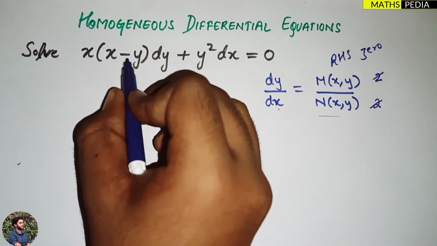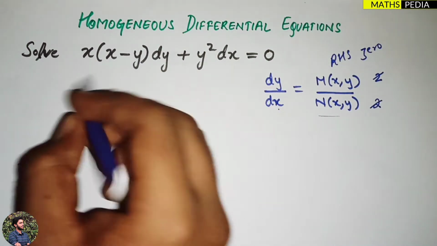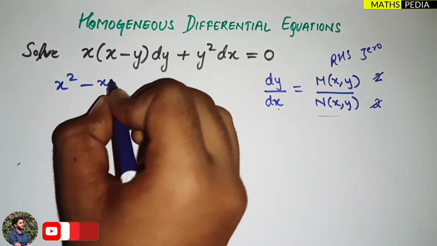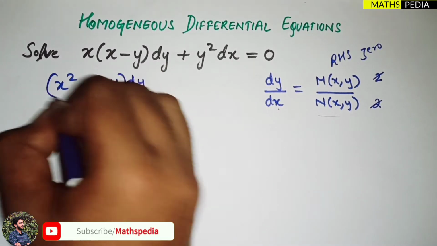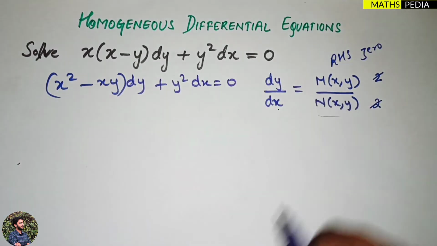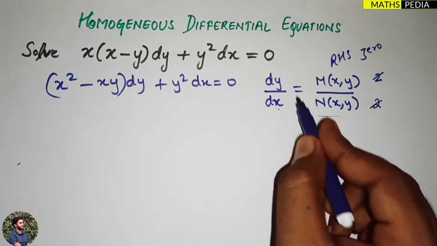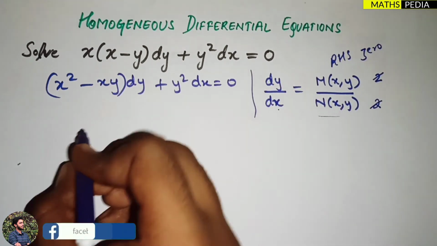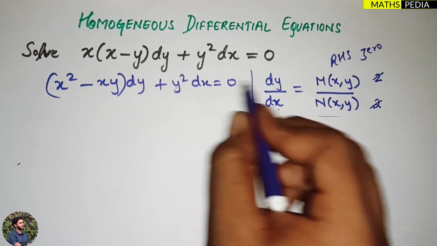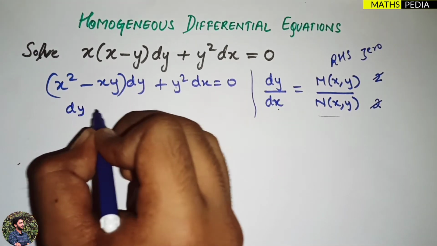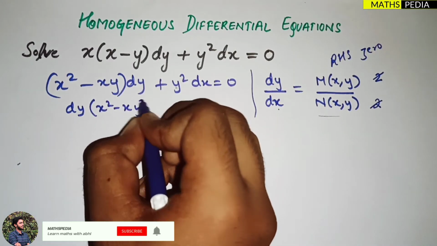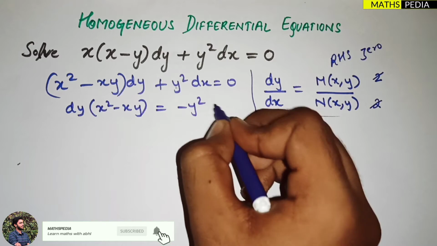Whenever a bracket is there, we can open it. So x into x is x square, minus x into y is xy, into dy, plus y square dx equal to 0. Now I can bring it into the form dy by dx. First I shift this to the other side: dy times x square minus xy is equal to minus y square dx.